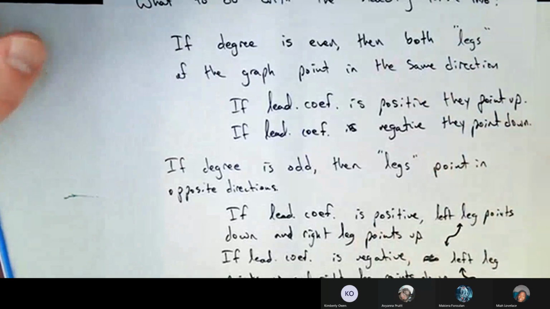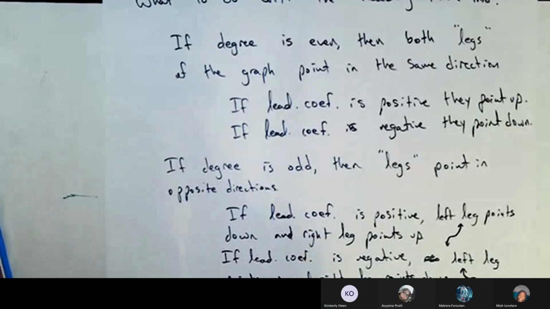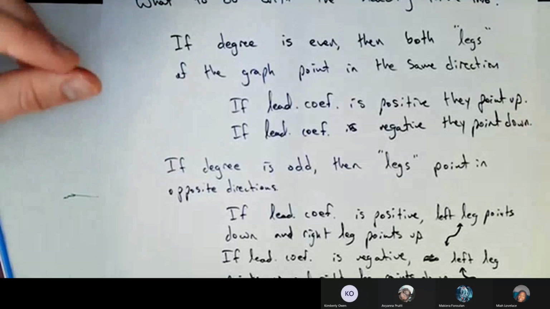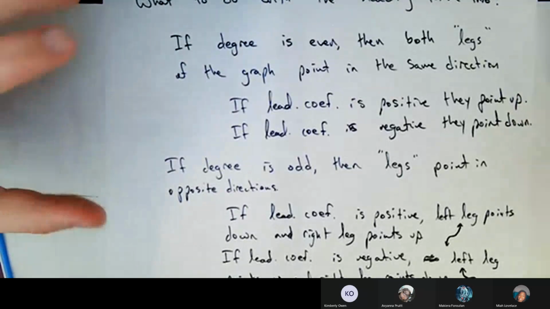These are questions that would be answered by just having that leading term in front of you, knowing its degree and whether or not it's positive or negative. And this is how to interpret that information on a graph or for the purpose of graphing the polynomial function.